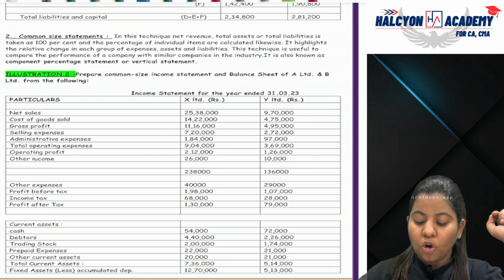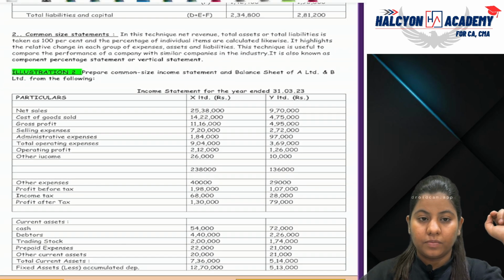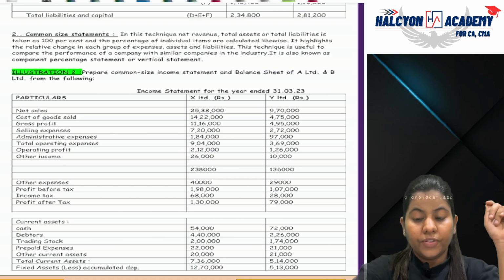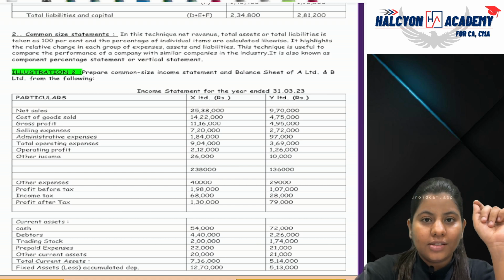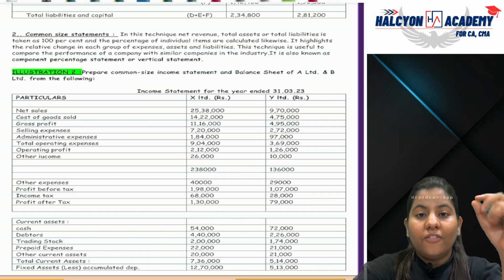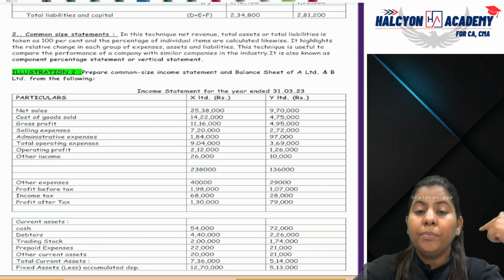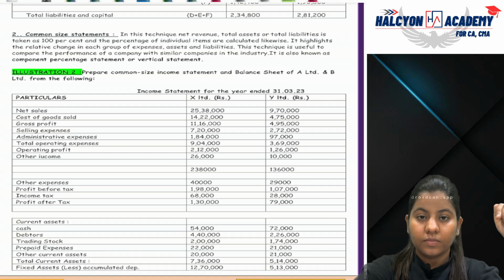But in common size statements also we compare. But the difference is that we compare ourselves, our own company, with some other company, some other organization in the same industry.